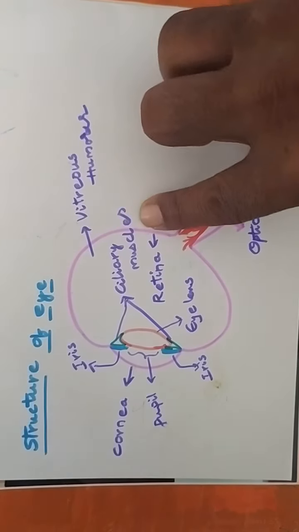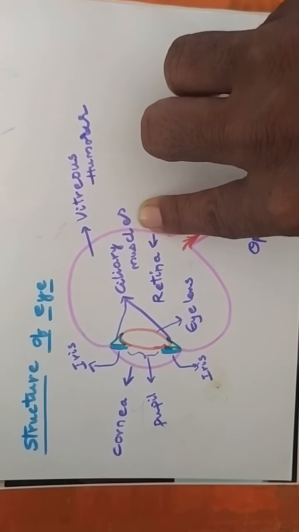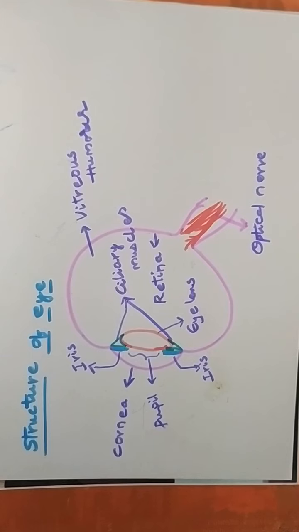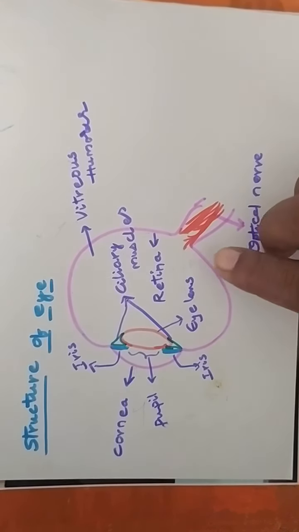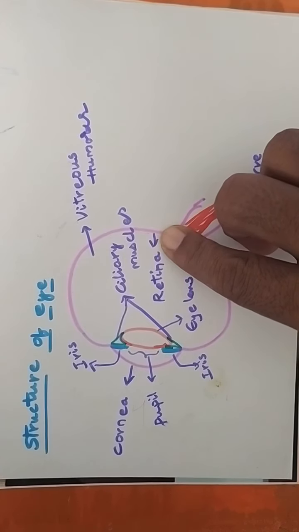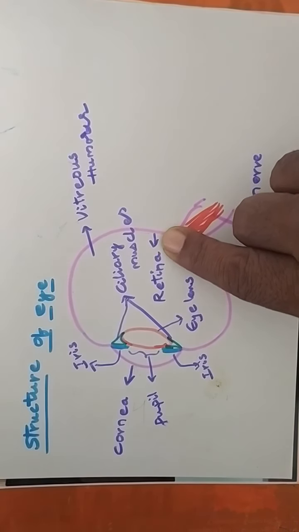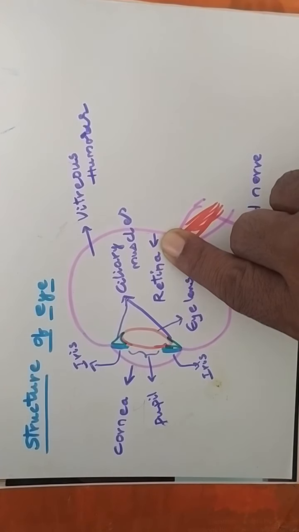On the retina, we have cells known as cones and rods. Cones detect light; they are very active in bright light and can detect color also. Rods, another type of cell on the retina, are sensitive to dim light.